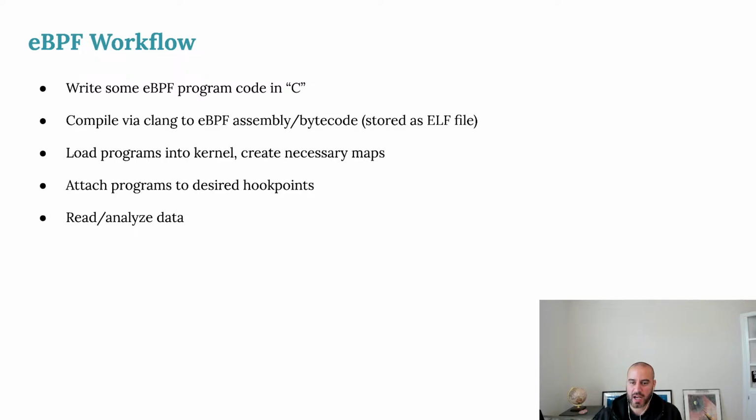Then you take that ELF file and the various programs in that file, load them into the kernel, and also create the necessary maps. We'll go into more detail of what eBPF maps are in a second. This process is typically done for you by a component called a loader, which makes sense because you're loading programs into the kernel.